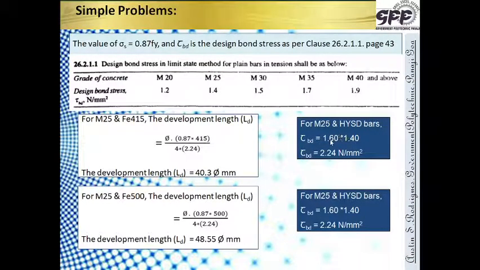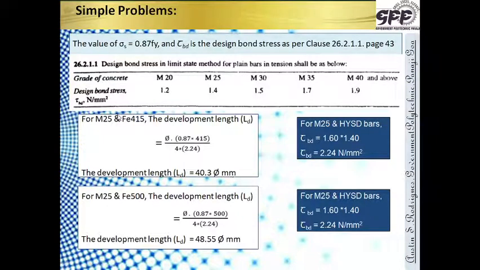So 60% increase to 1.4, we are getting the value of bond stress as 2.24 Newton per mm square. Now we are looking at the formula. Phi sigma s is 0.87 Fy upon 4 tau bd. So phi remains as it is, 0.87, Fy is 415, 4 tau bd is calculated over here. So development length comes equal to 40.3 times the diameter.